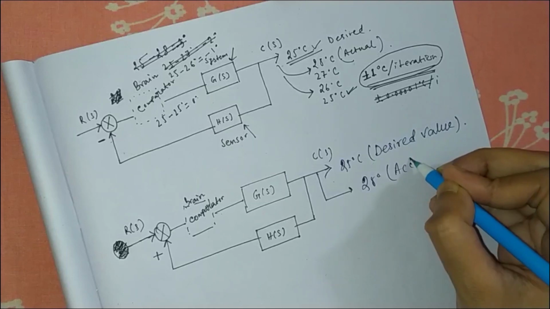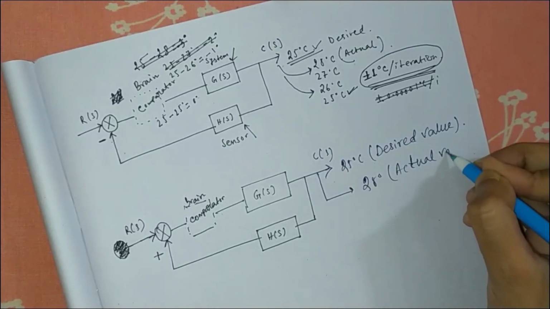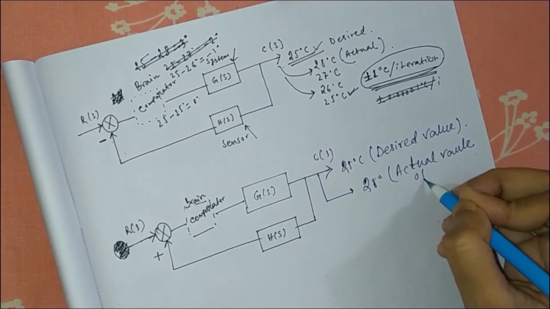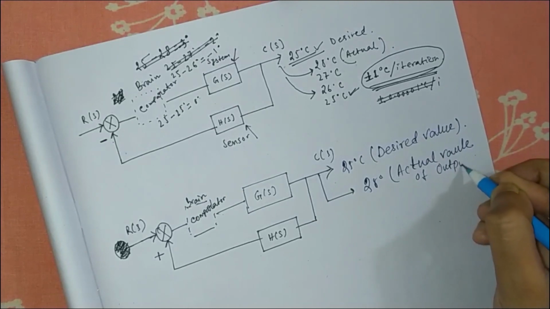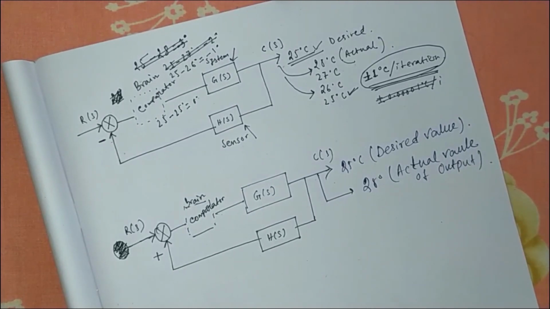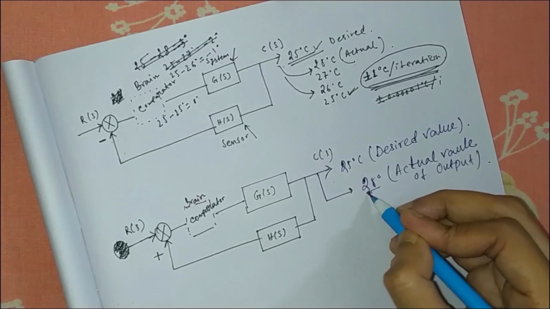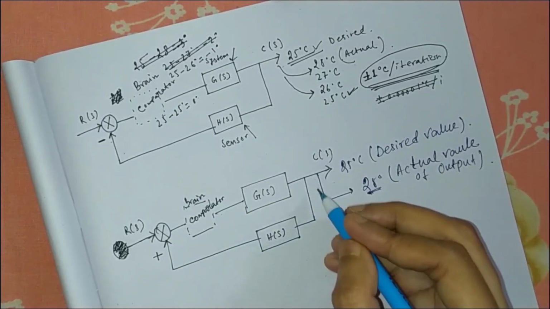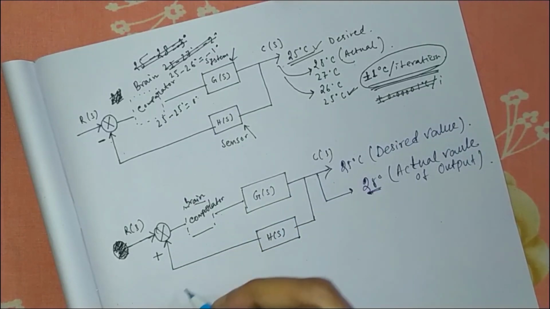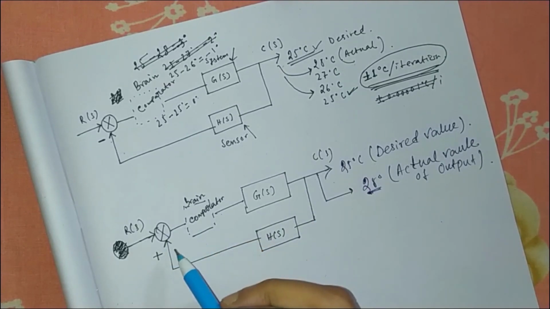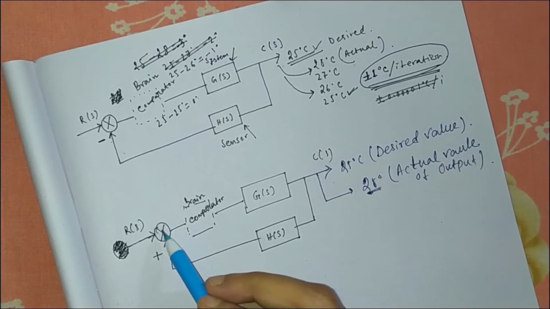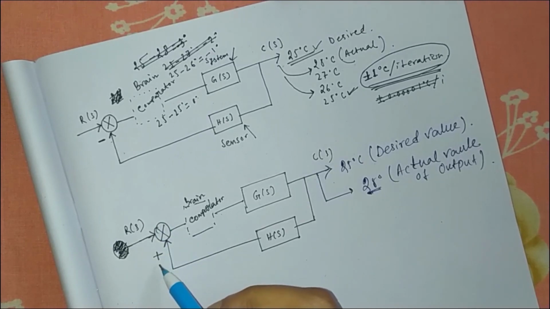This is my actual value of output. Okay, so this actual value of output is sensed by the sensor, and this is fed back to the input side summing block through a positive feedback loop.